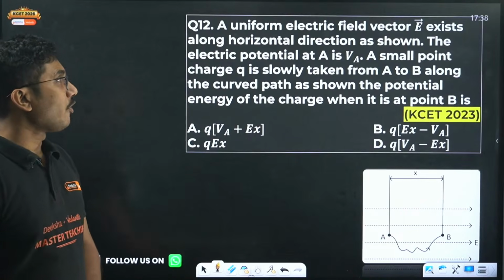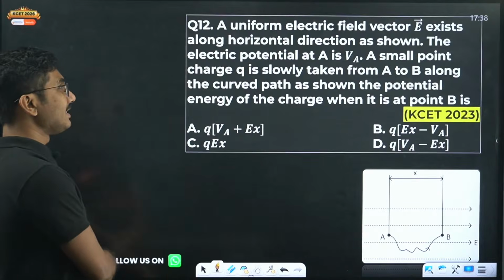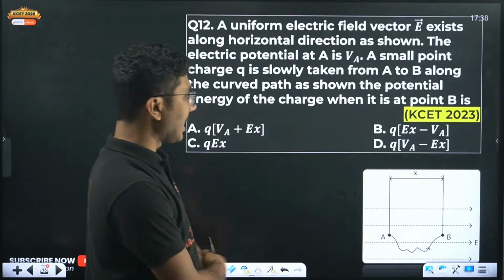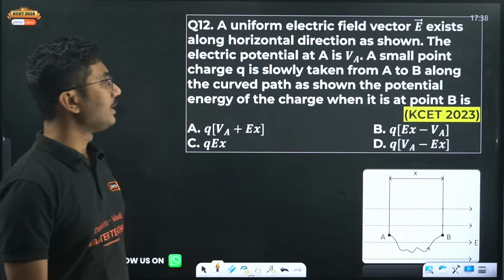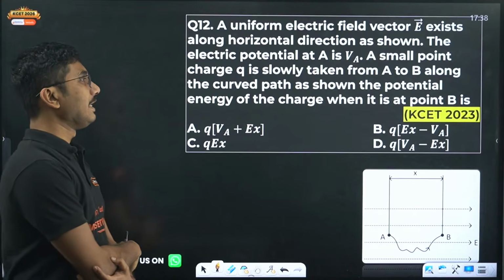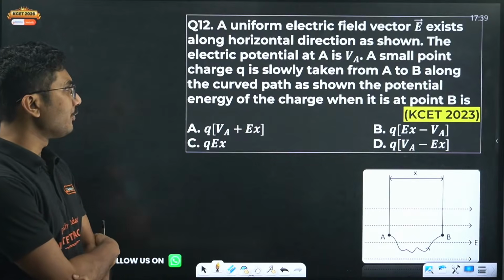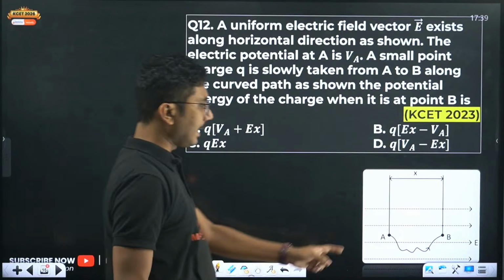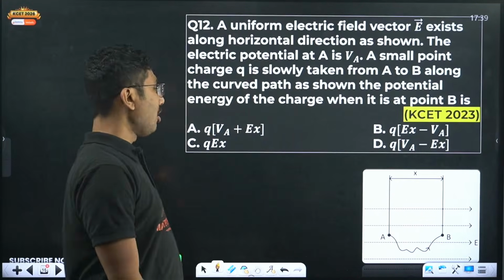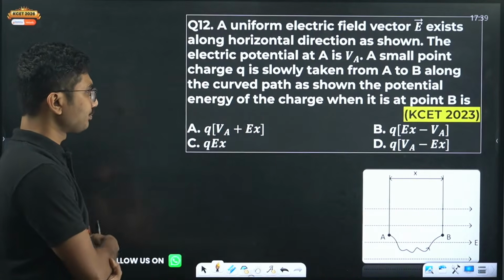A uniform electric field vector E exists along the horizontal direction as shown in the figure. The electric potential at A is VA. A small point charge Q is slowly taken from A to B along the curved path as shown in the figure.